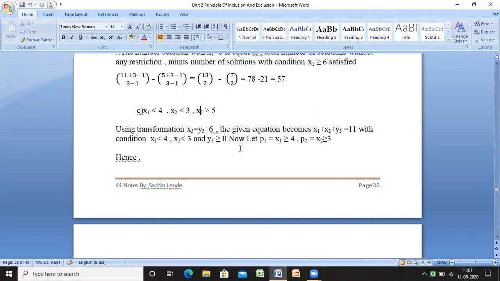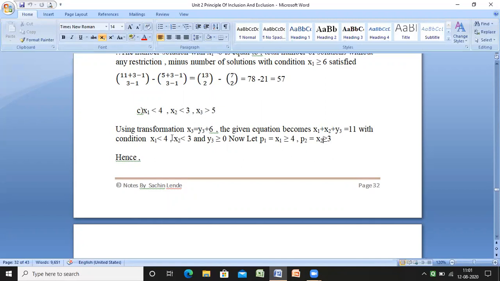Now suppose we do the condition in a reverse manner, like the values x1 is less than 4. Suppose we get the values x1 is greater than 4. We reverse the condition over here, and here also we reverse the condition, p2 is x2 greater than or equal to 3.